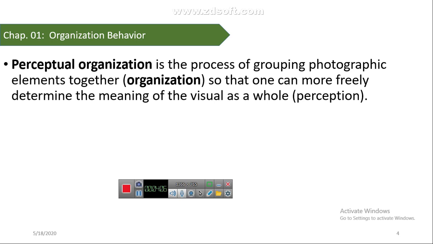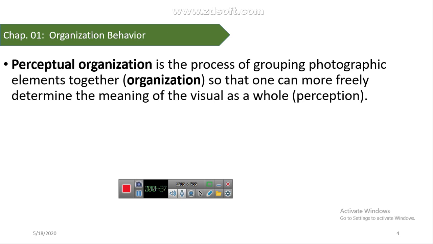In a slide, I have written very clearly: perceptual organization is the process of grouping photographic elements together, an organization by which one can more freely determine the meaning of a visual as a whole. Perception can be of any object or any symbol that you receive meaning from, and we discussed perception in detail in a previous class.